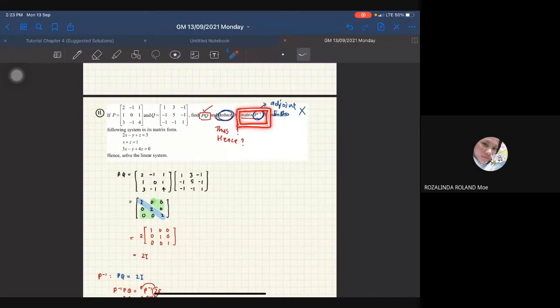The question says express the following system in matrix form. So now you have 3 equations over here, 1, 2, 3.